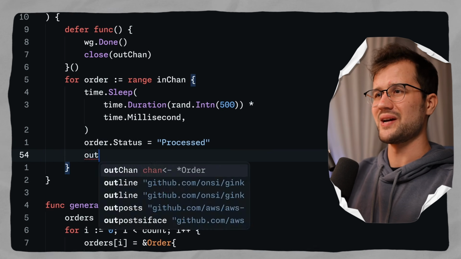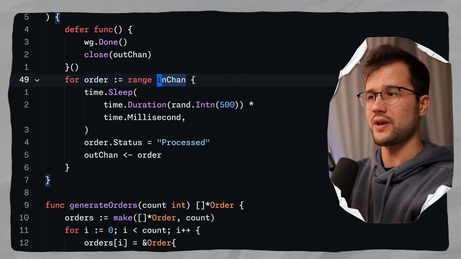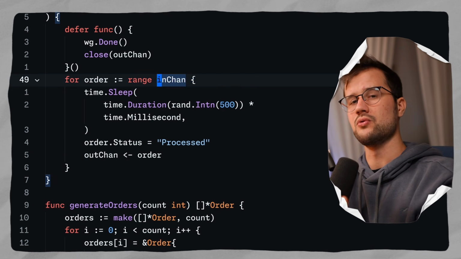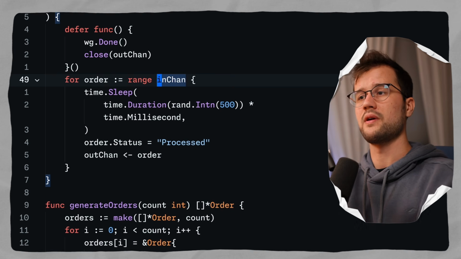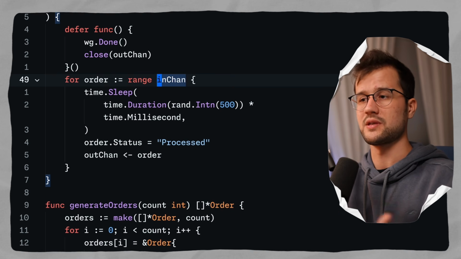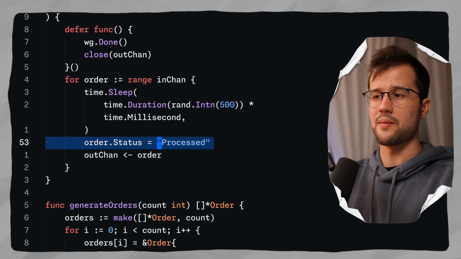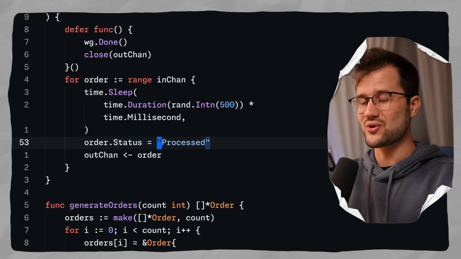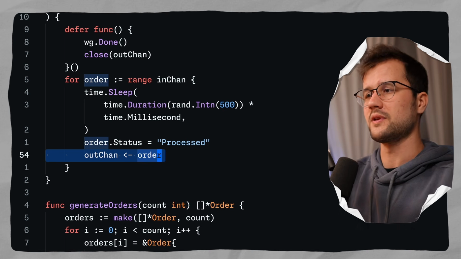And then we send the order into the out channel. So whenever an order comes into the in channel, it is processed, the status is updated, and then the order is sent into the out channel, which we are going to handle in a minute. Hopefully this was clear.